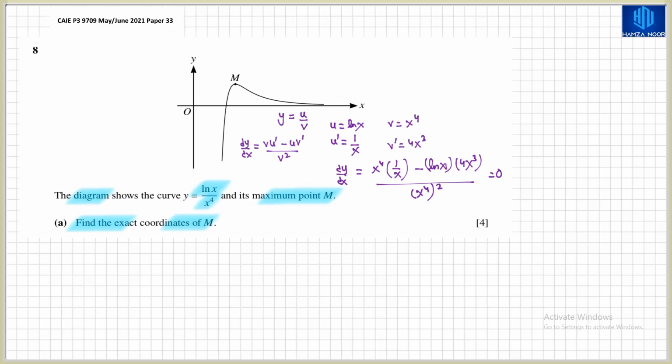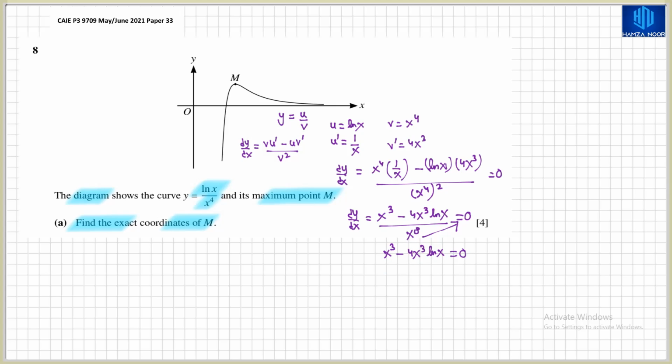So dy over dx equals x raised to the power 3 minus 4x cubed times ln x, completely divided by x raised to the power 8, and this whole thing equals 0. Therefore x raised to the power 8 will be multiplied by 0, so x cubed minus 4x cubed times ln x equals 0.